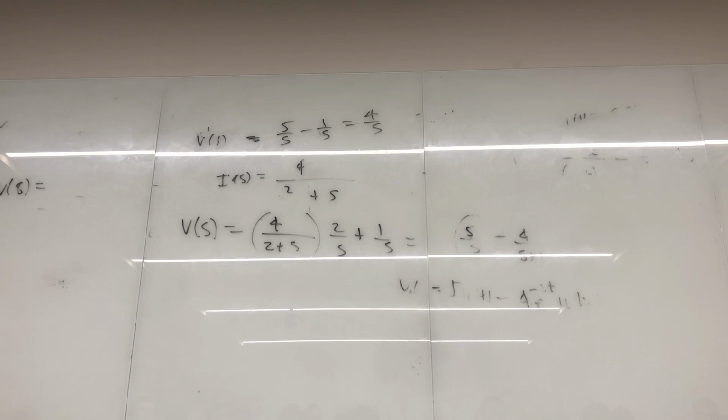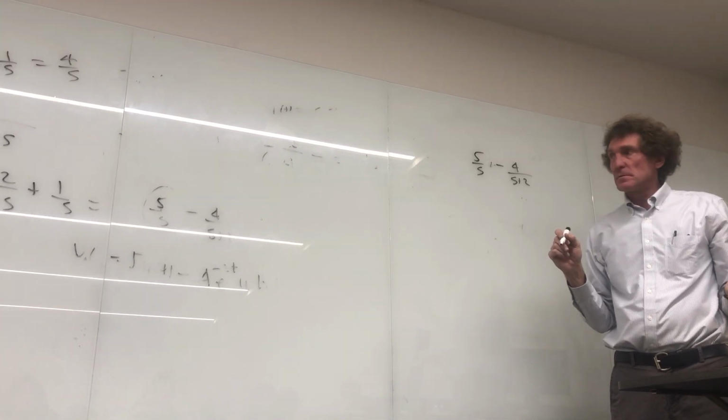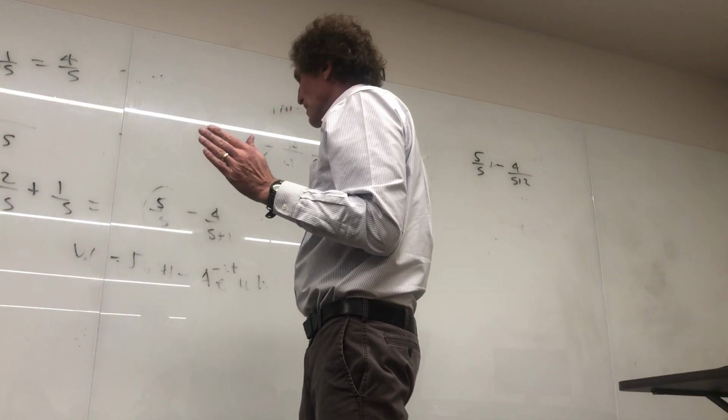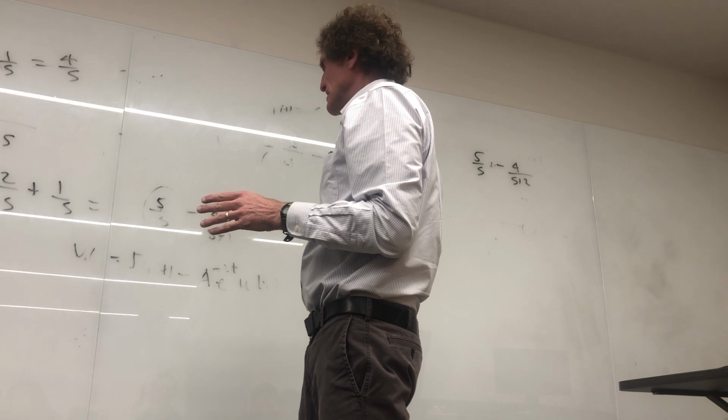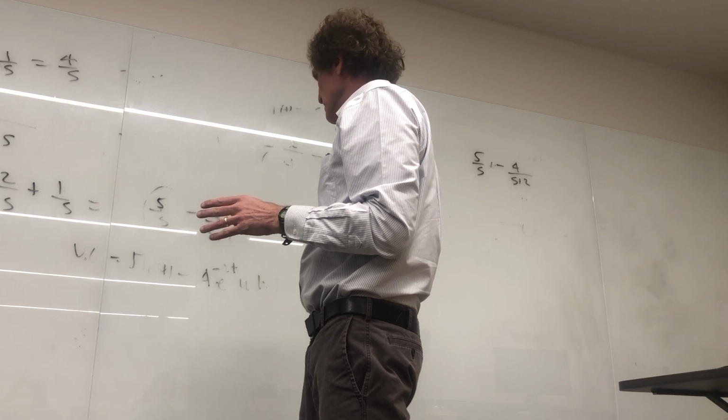You wrote it 2 over s instead of the 4 over s. V of s should be 4 over s plus 2 plus 1 over s, or negative 4 over s plus 2 plus 1 over s plus 4 over s. You have 2 over s in V of s.